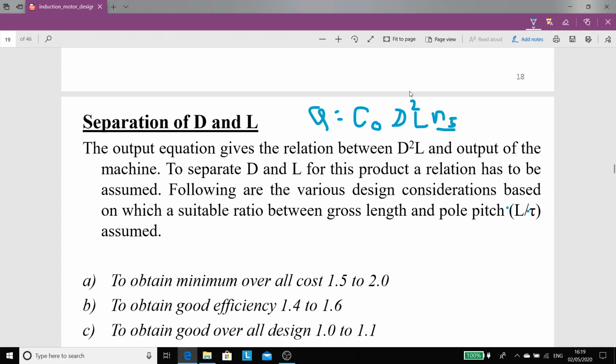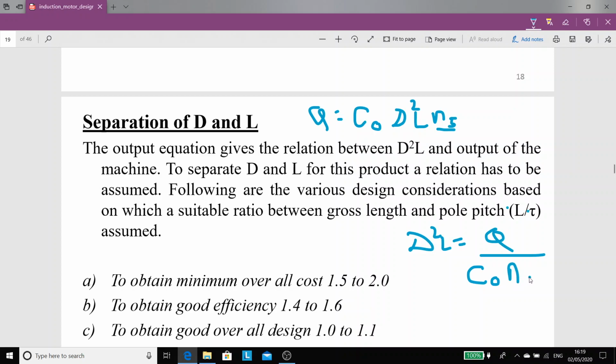So once you decide the specific electric and magnetic loading, you will get the product D squared L, and D squared L is equal to Q, the output kVA, divided by C0 into Ns.